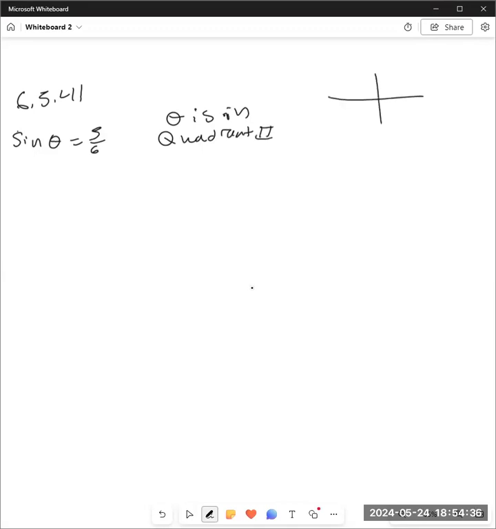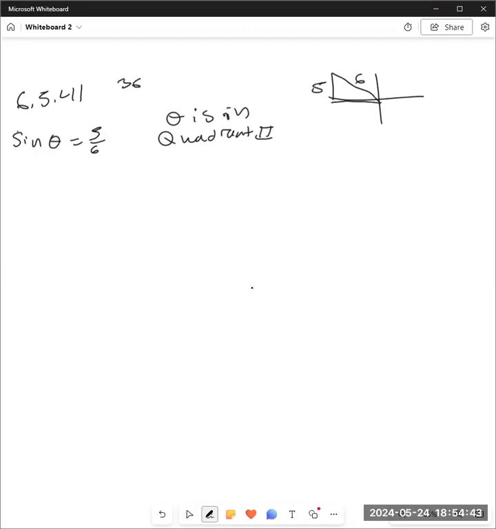It is 6.5.41. And we're told that sine of theta is 5/6, and that theta is in quadrant 2. So here, sine is 5/6.